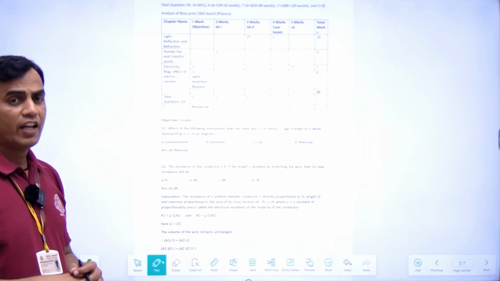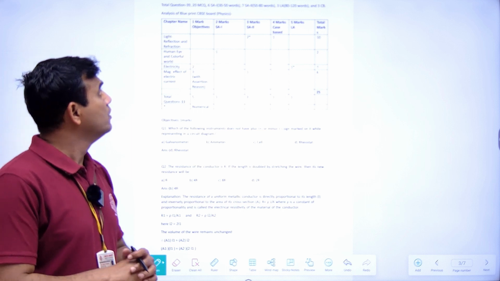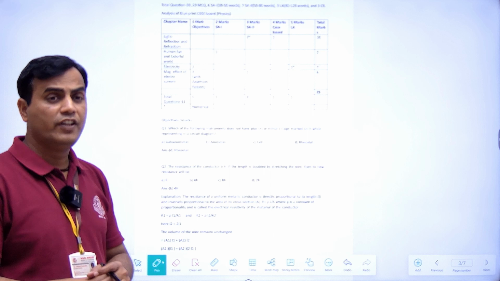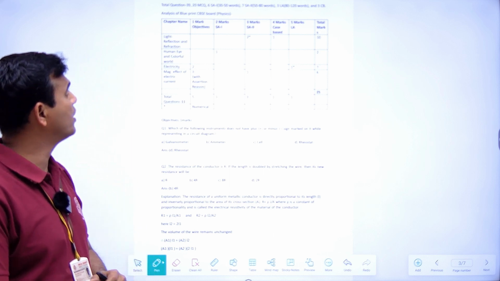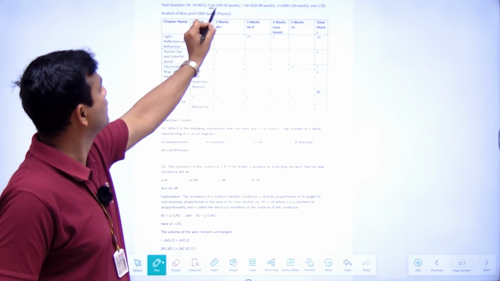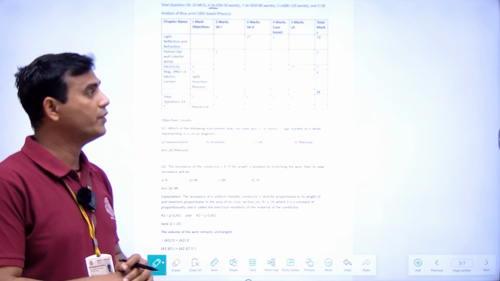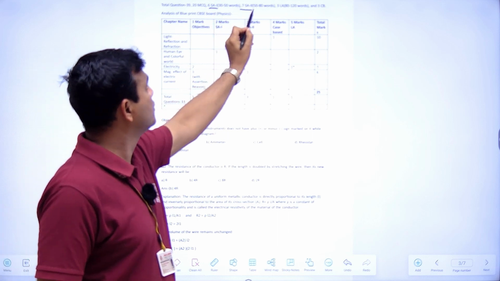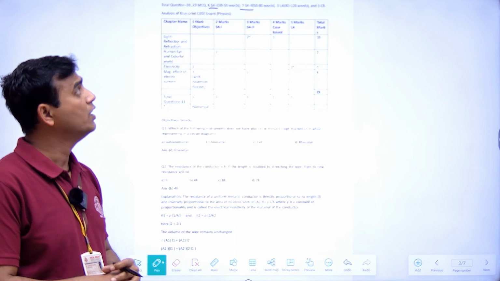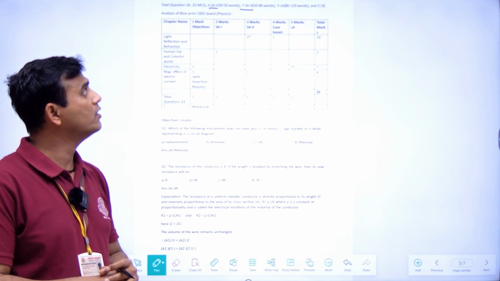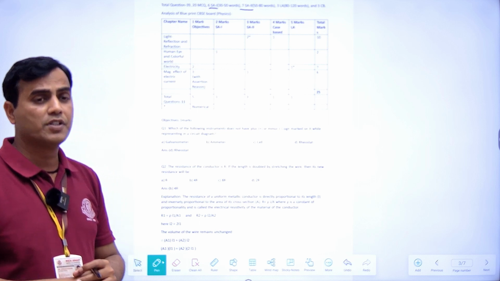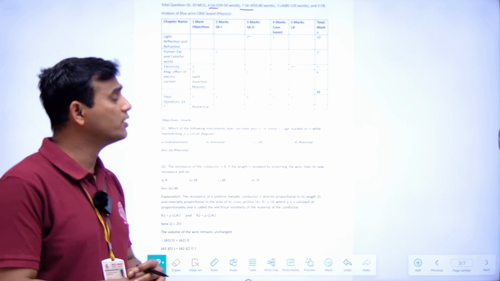Here, the total questions in the paper are 39, of which 20 are MCQ, 6 are short answer type first, of 30 to 50 words, 7 short answer type second, of 50 to 80 words, and the last one, long answer, of 80 to 120 words, and 3 questions on case based study.